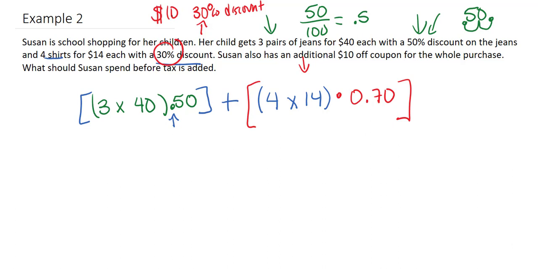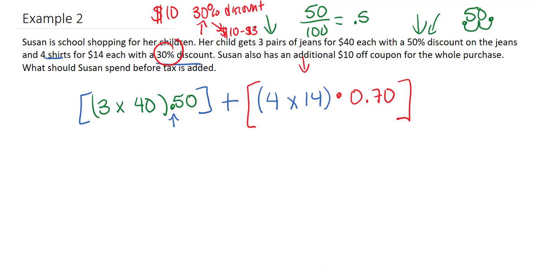So 30% of $10, well, 10% of that is $1, so 30% would be $3. So the new price would be $10 minus $3, which gives us $7. Or you can just multiply $10 times 0.7, and we'd get $7. So that's something to look back on if it's not as familiar right now.